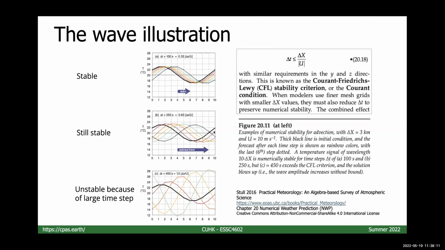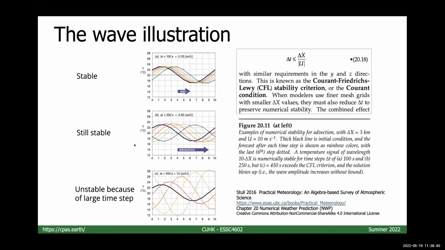But you will see that the simulated result is also normal in that the wave just propagates. And after this many steps, the duration is longer. This dotted line shows the case where the wave propagated a longer horizontal distance. So in this case, you are using a longer time step, but it is still stable.